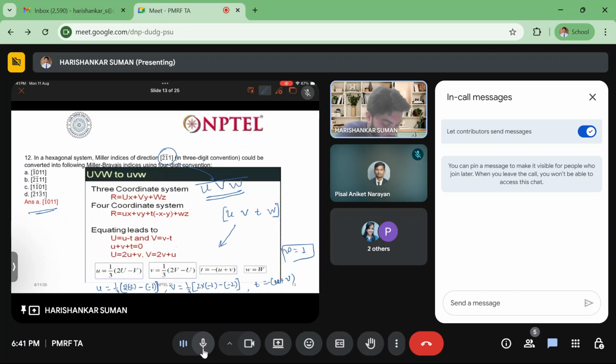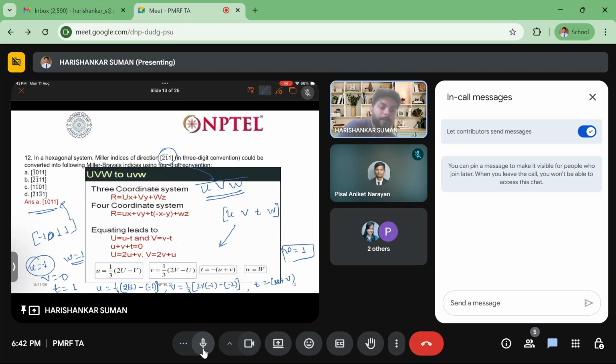So U is minus 1, V equals minus 2 plus 2, 0. T would be plus 1 and W equal to 1. So minus 1, 0, 1 and 1.